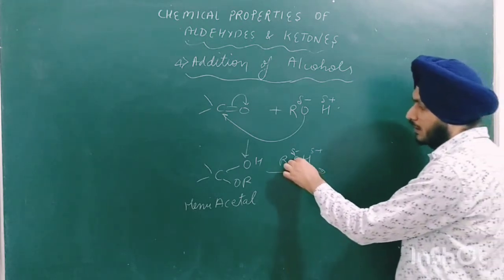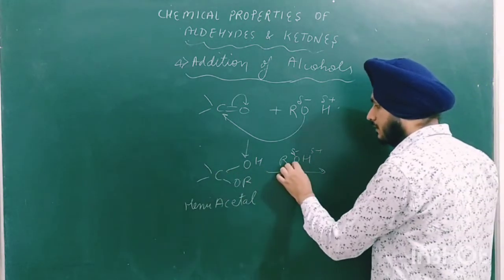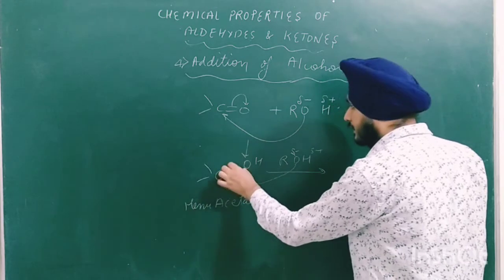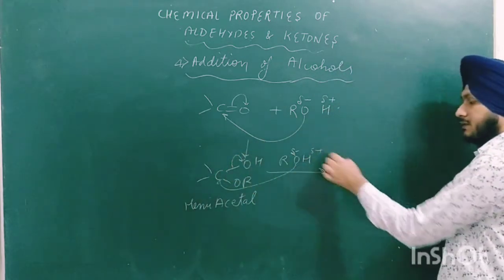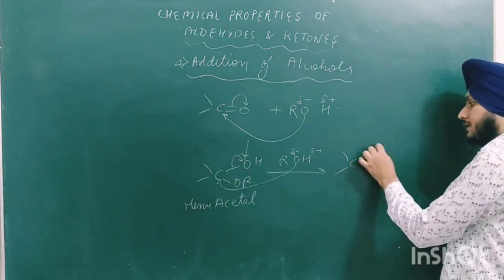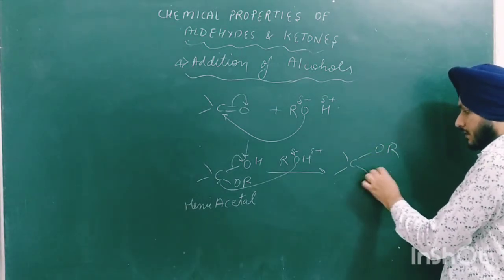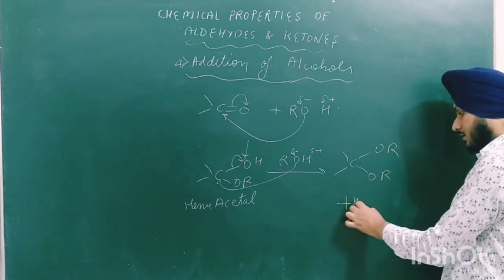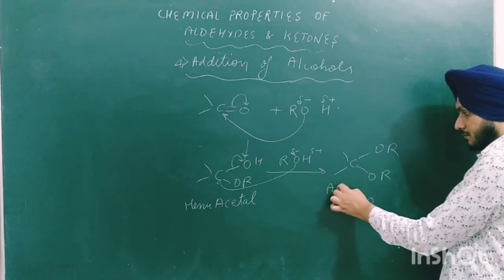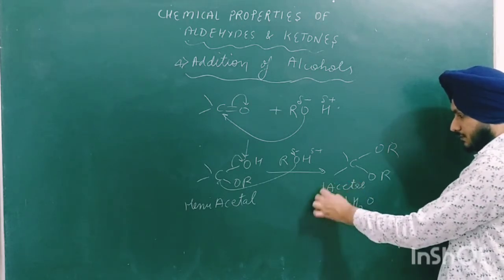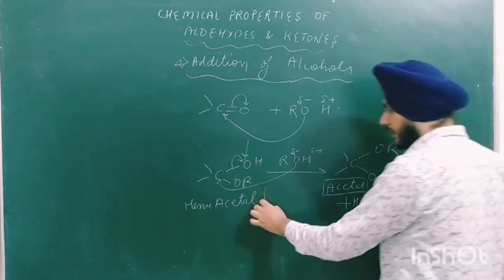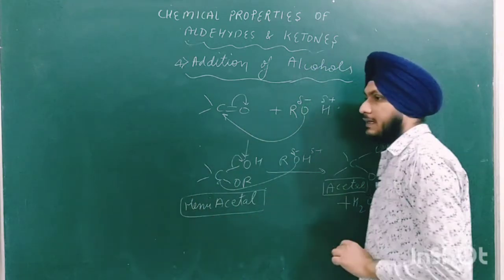This OR group will attack on this carbon again, and this OH will migrate with this hydrogen, and we will get this product again. This is known as acetal. So here we have hemiacetal and acetal groups.